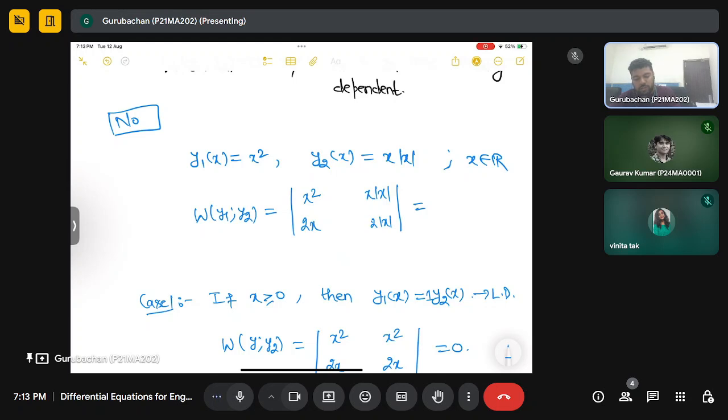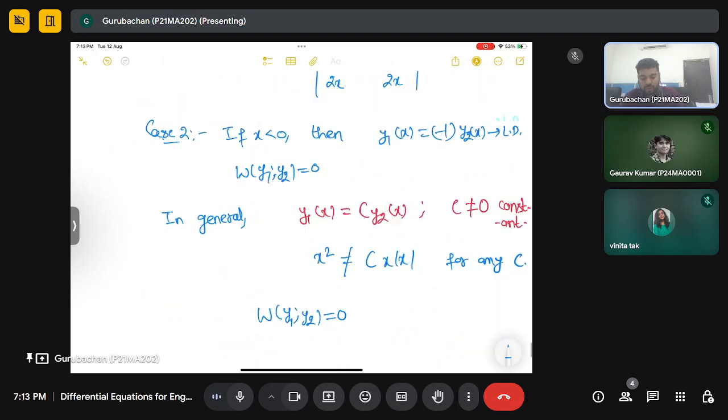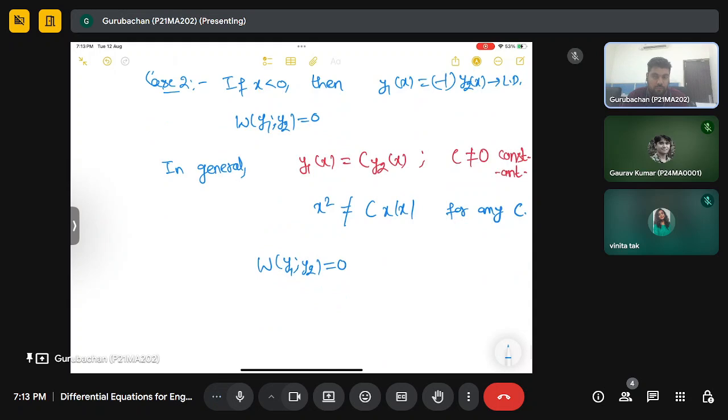You can write it: this will give 2x square mod x minus x square mod x, which is 0. Because you can guarantee over this interval positive and negative, it will be nothing but 2 times mod of x. So in general, the Wronskian is 0, but these two functions are linearly independent. Therefore, the converse of this statement is not true.